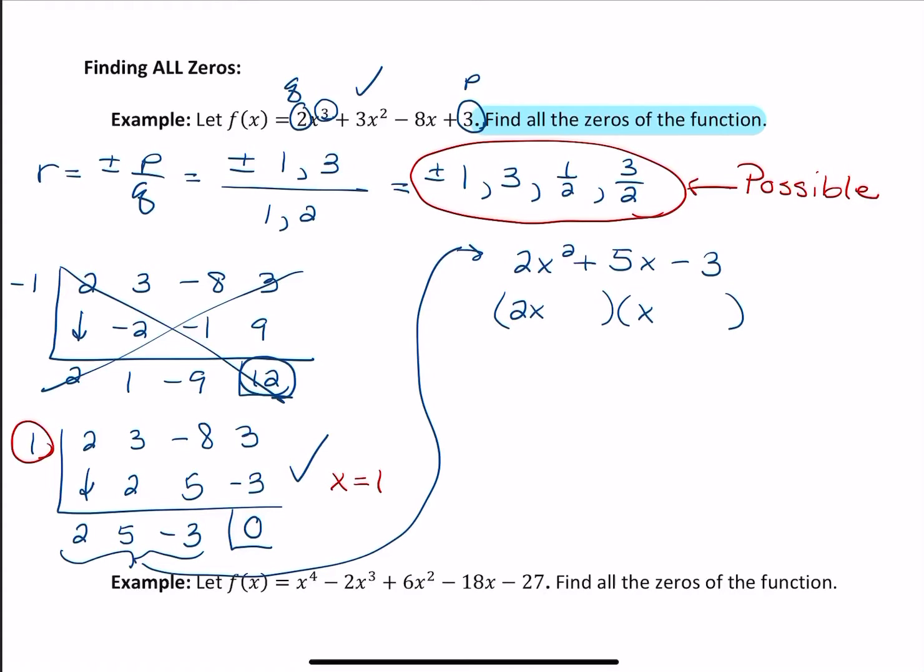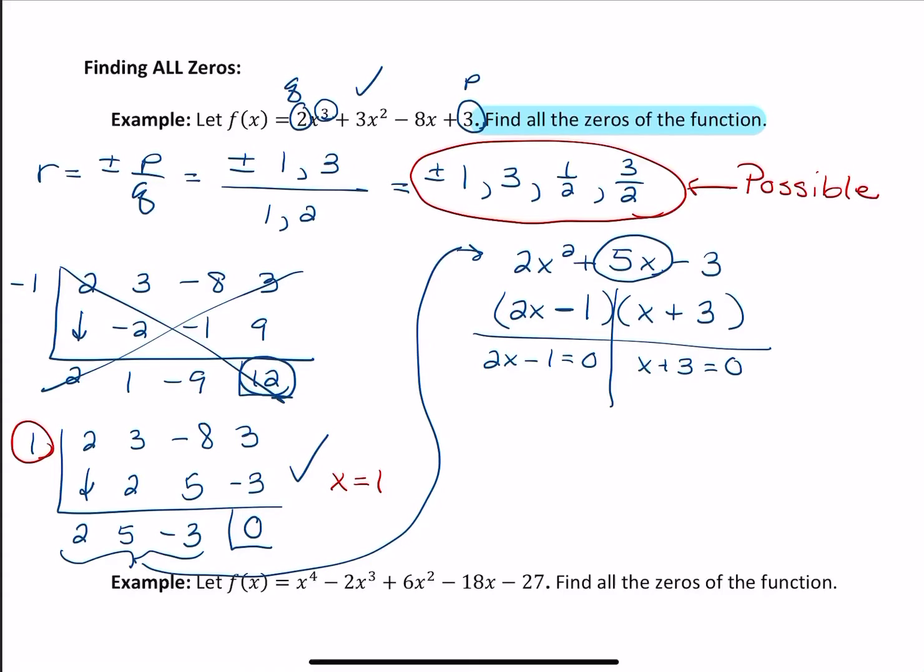And if I put a 3 here and a 1 here, I can get a positive 6x and a negative 1x will give me the positive 5x in the middle. So I've got 2x minus 1 equals 0 and x plus 3 equals 0.